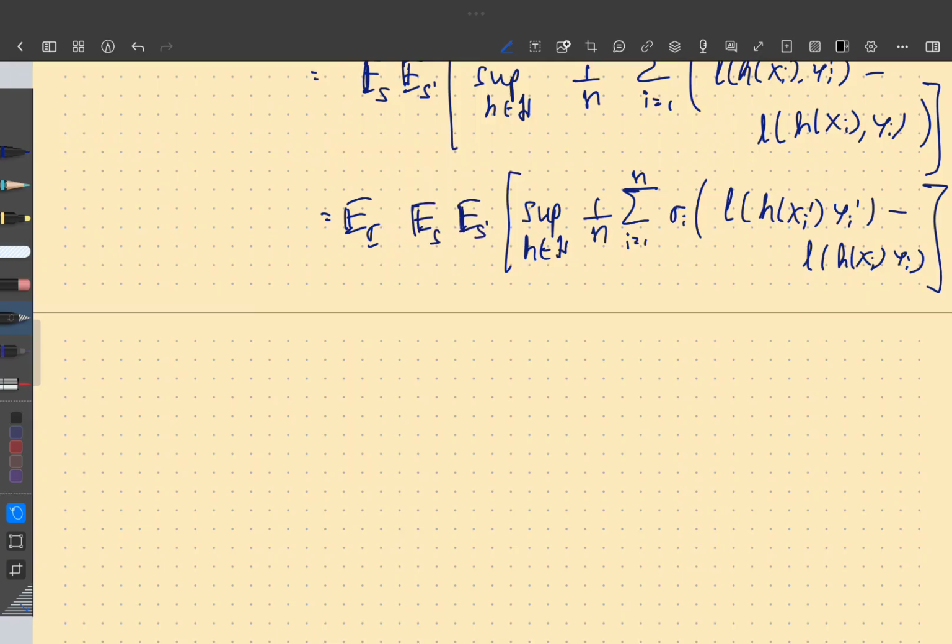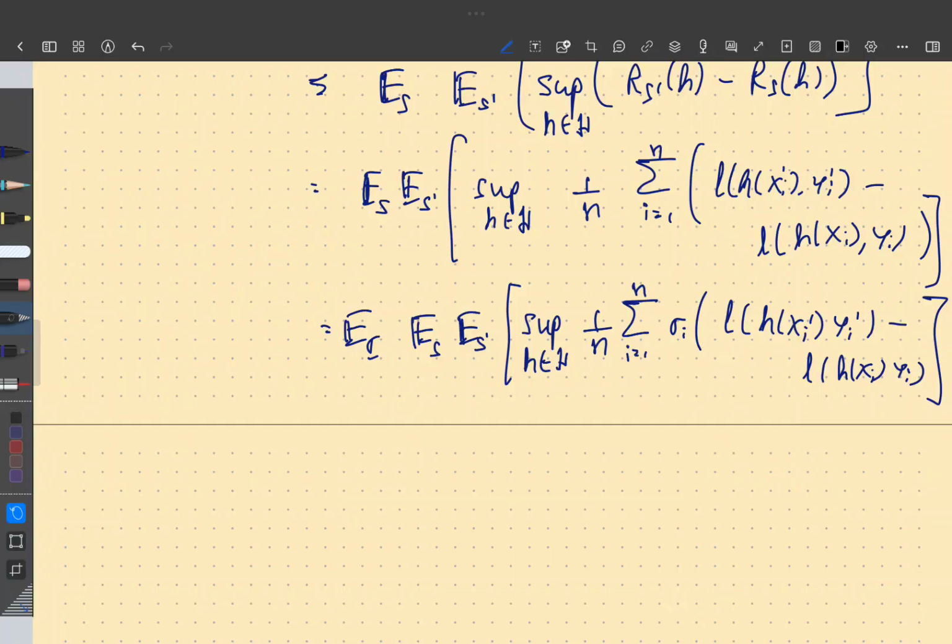Now the quantity inside is essentially symmetric in S and S prime. So for a particular sigma i, if sigma i is positive, then it's exactly what you had previously. If sigma i is negative, it's basically the two flipped, xi yi flipped with xi prime yi prime. But since this is symmetric in S and S prime, I can just flip the two. It doesn't change the quantity.